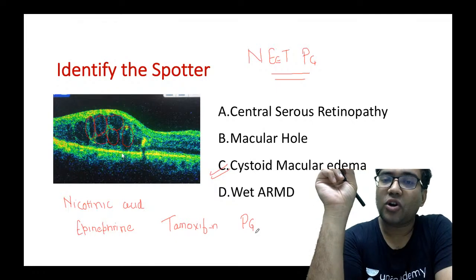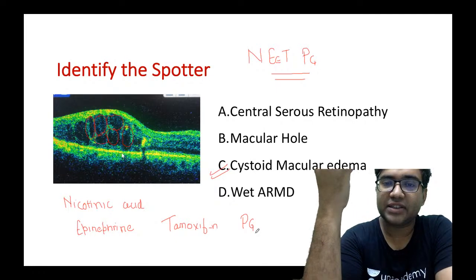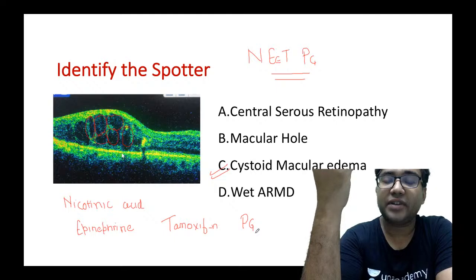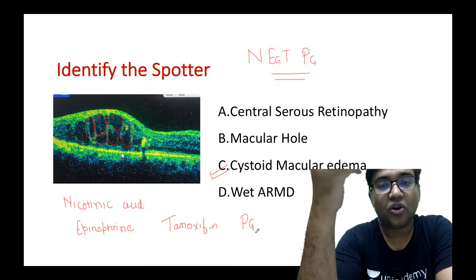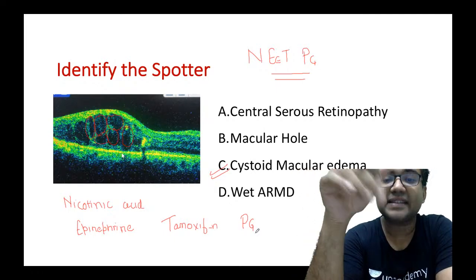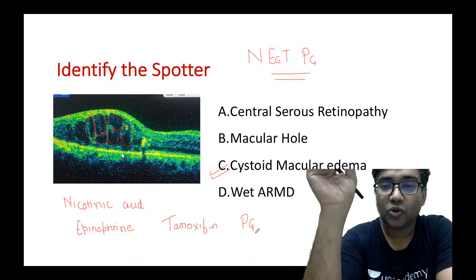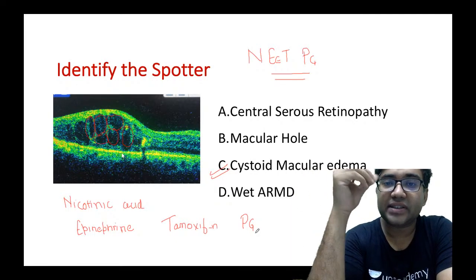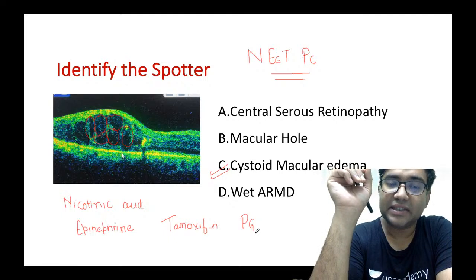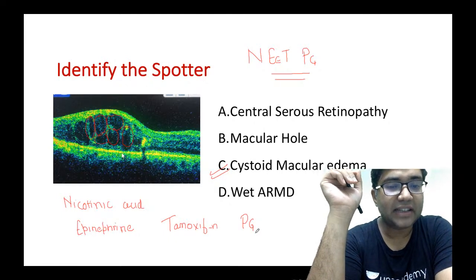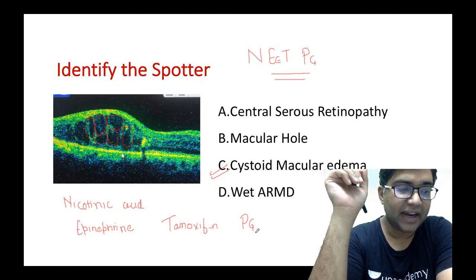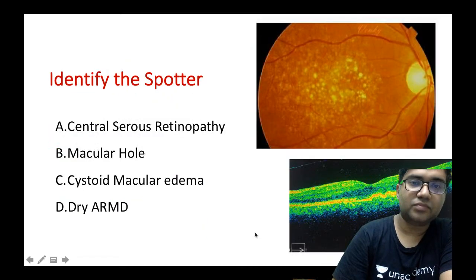The most common cause is after an intraocular surgery. It can also be there in diabetic retinopathy or a vascular occlusion like central retinal venous occlusion. And a few drugs can also cause it. I have told you the name of the drugs: NEET PG, nicotinic acid, epinephrine, tamoxifen, and PG analogs.